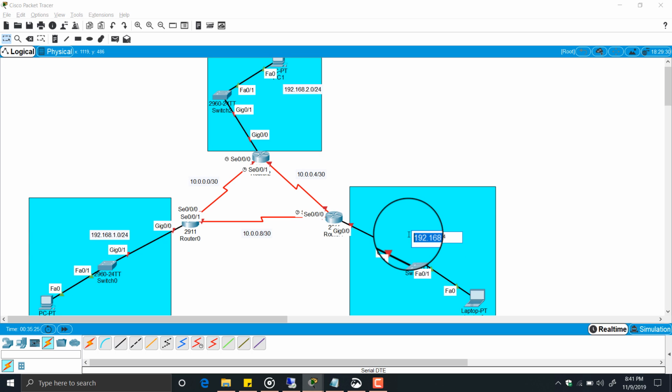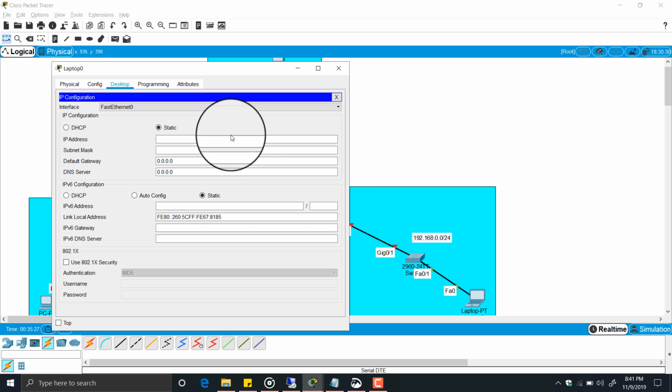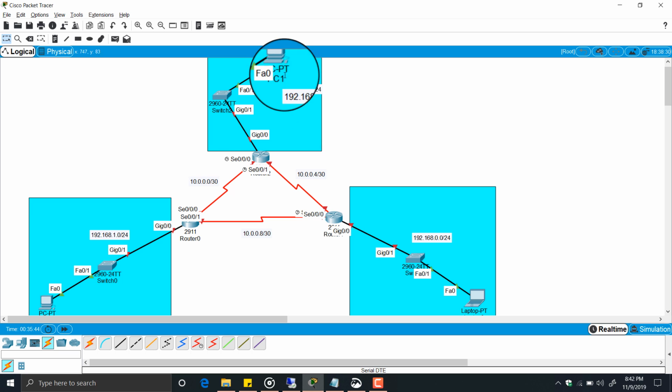Here we have the network, which is, so that's one, the same mask, and the router is going to be 0.10. We don't have any DNS server in this case.